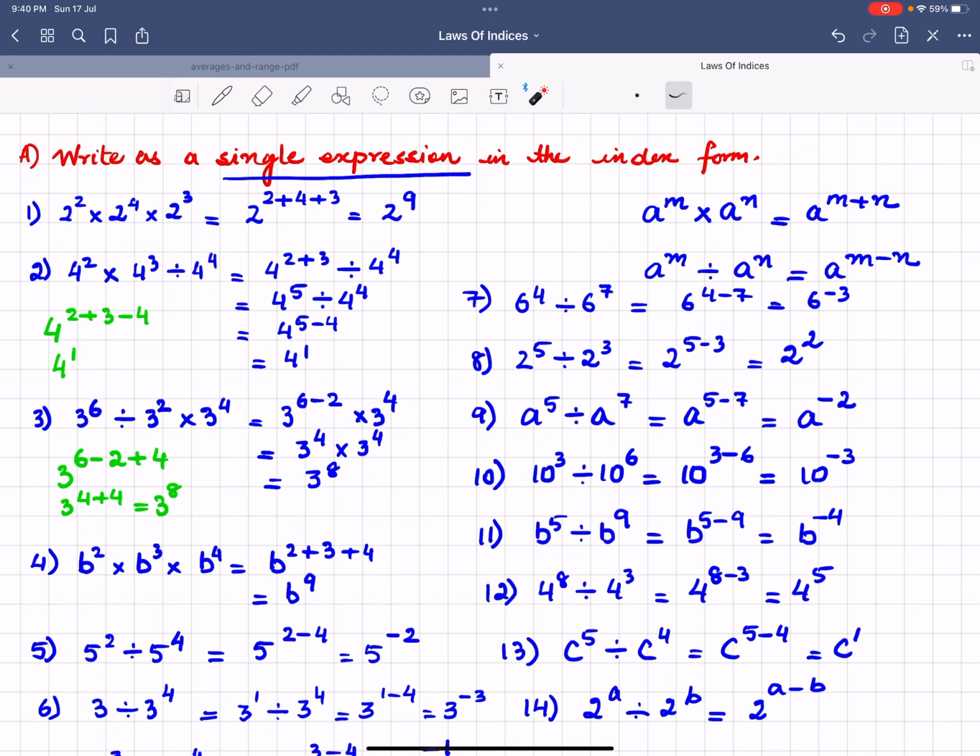For example, if I have to find the value of 2 to the power of 9, that would be a different answer where I will actually multiply 2 by itself 9 times and write the answer. So this was the first category of the questions where we write as a single expression in the index form.